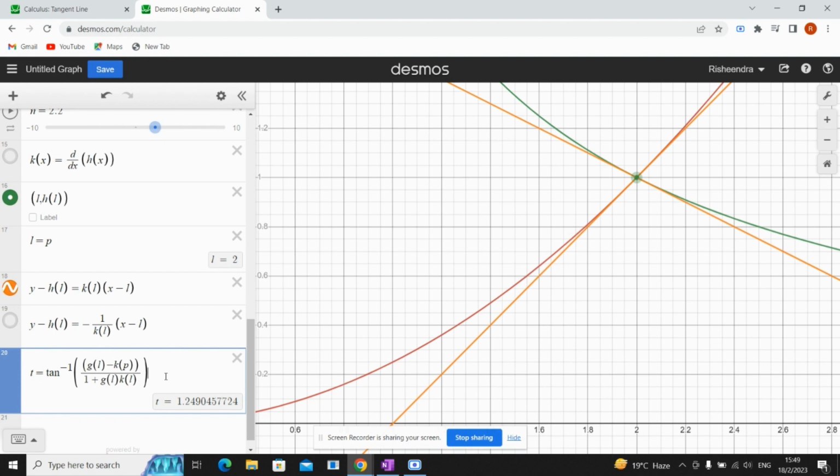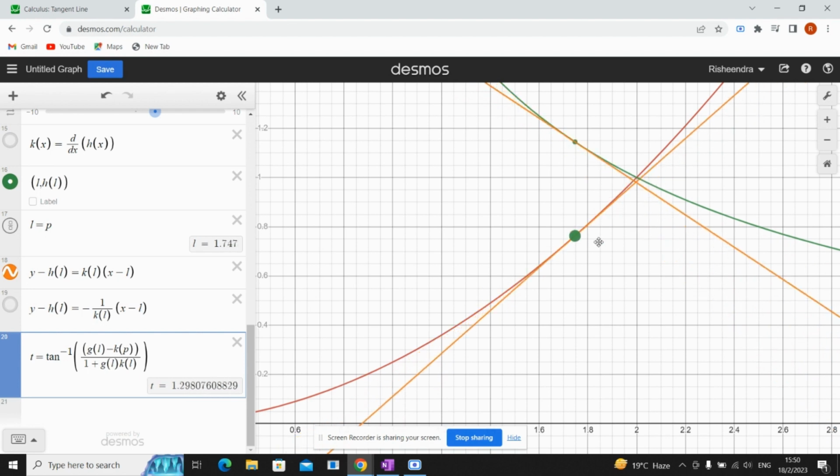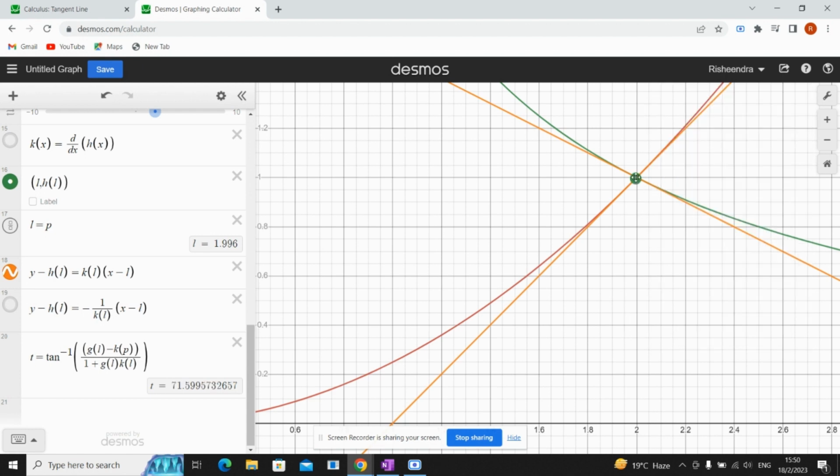In a normal situation, we would take the whole theta as one point. Hey, there should be a mistake, because the angle cannot be that. Okay, the system is calculating the angle in radians. Let's change it to degrees. Okay, at p equals 2, the angle between these two is 71.